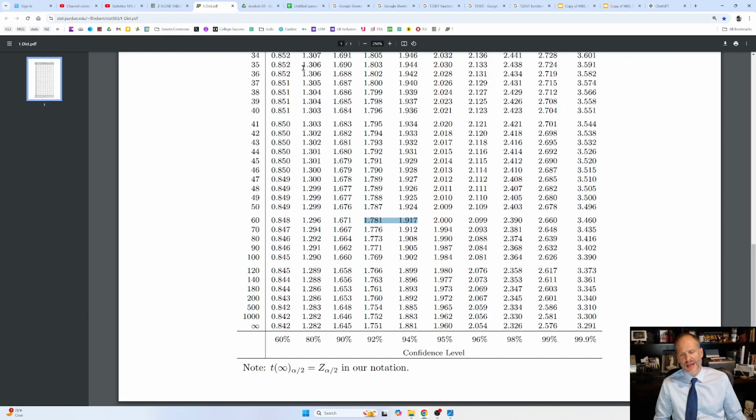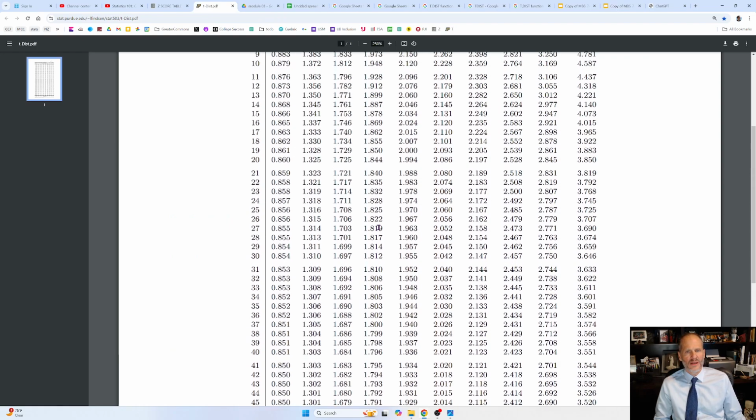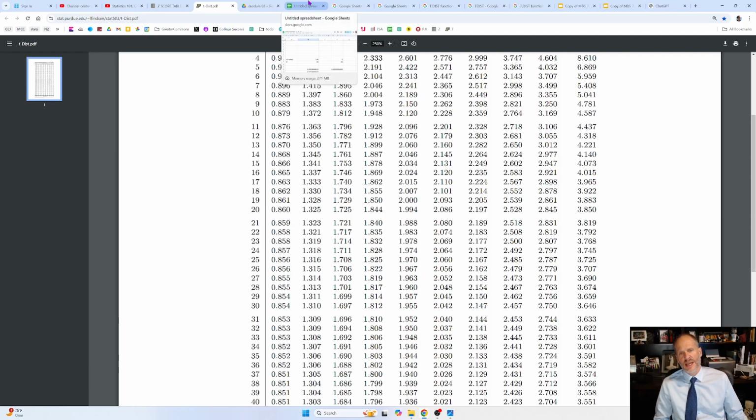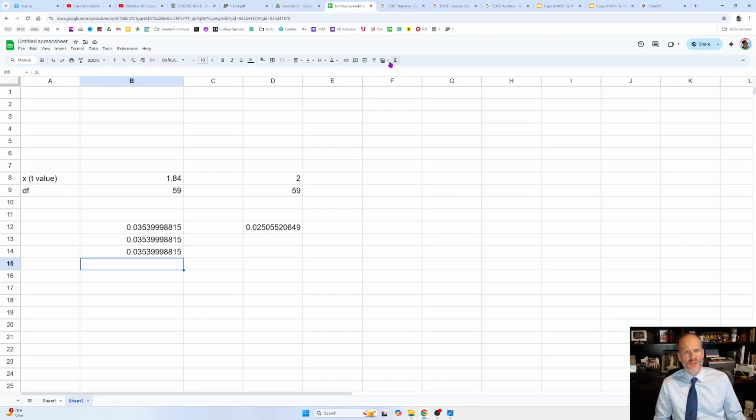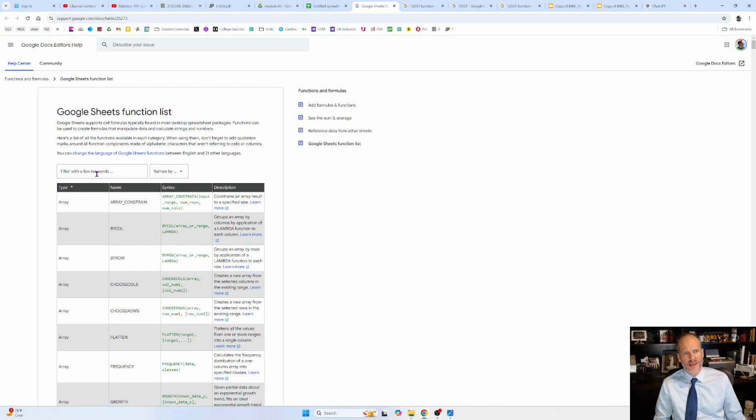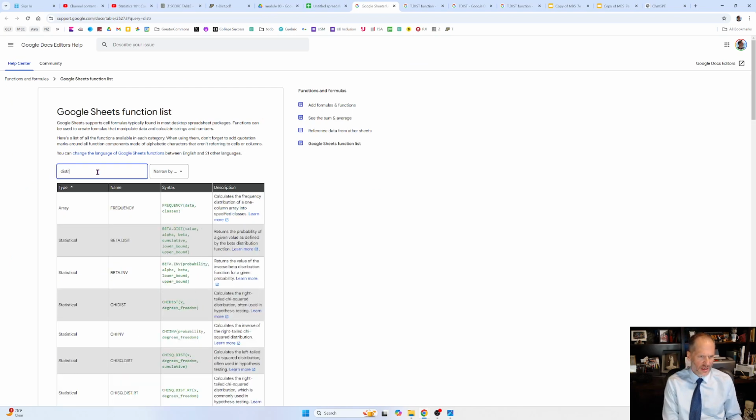Now you could just estimate that and say, hey, good enough. But you can also use a spreadsheet to calculate that for you. So if you go to Google Sheets, you could click your formulas over here and choose Learn More. And in here, you could search for distribution. And here is a whole bunch of statistical stuff.